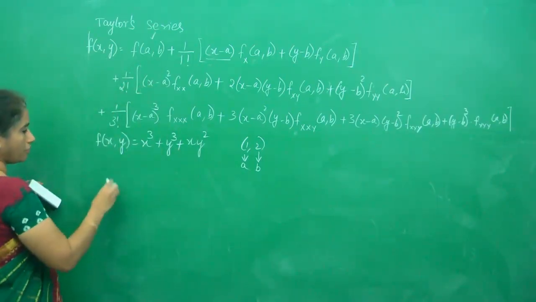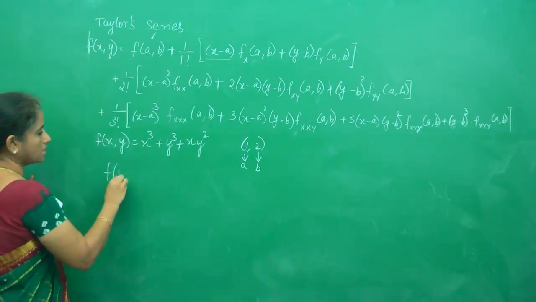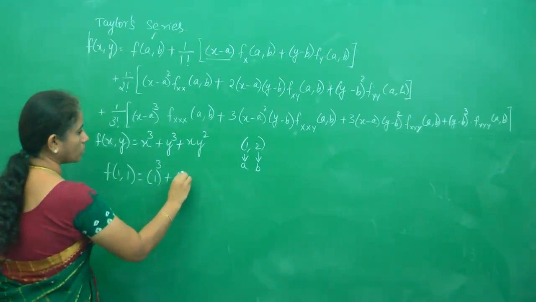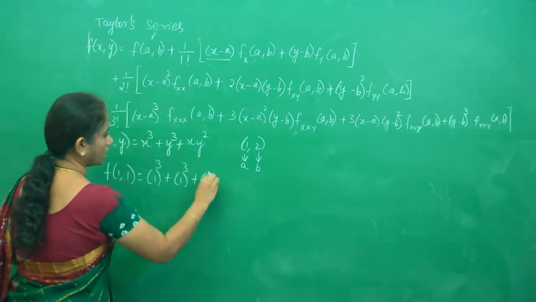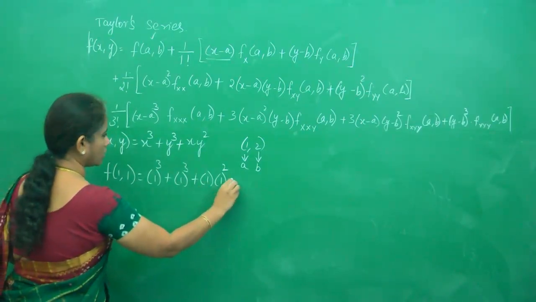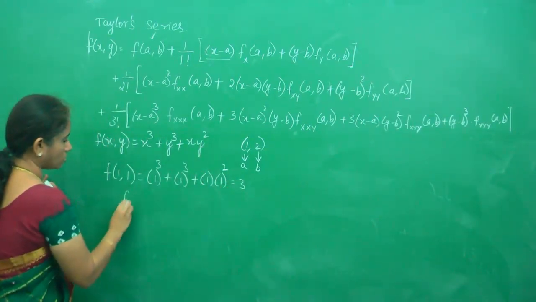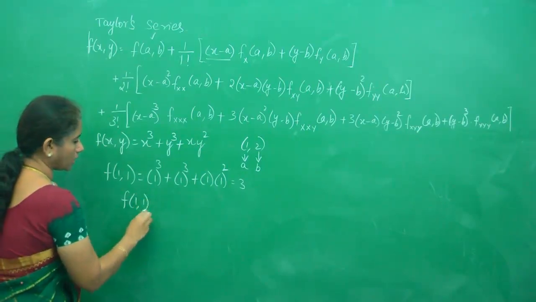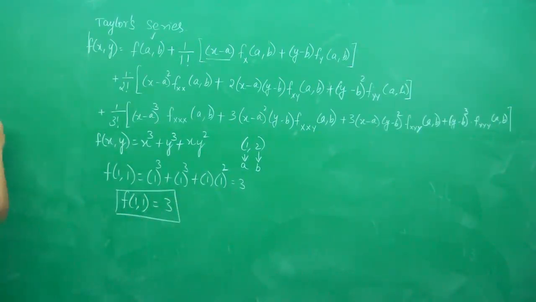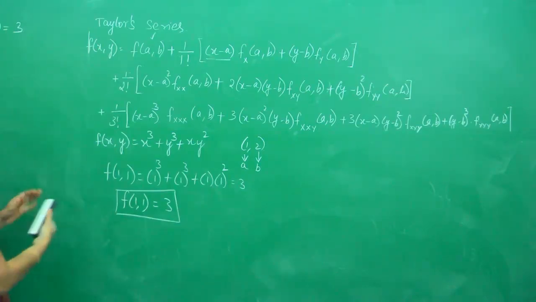So first is f of a comma b, which is f of 1, 1 is 1 cube plus 1 cube plus 1 into 1 square. This is 1, 1, 1. Everything is 1. So this is 3. So you will write down f of 1, 1 is 3 and keep your answers ready. Okay. So I'll write it here. F of 1, 1 is 3.